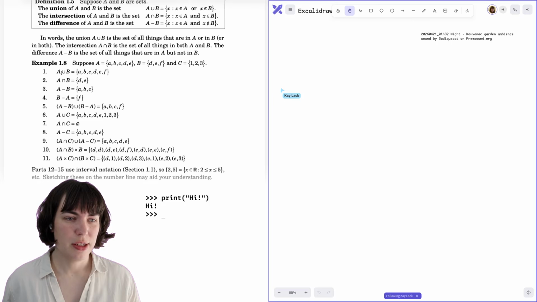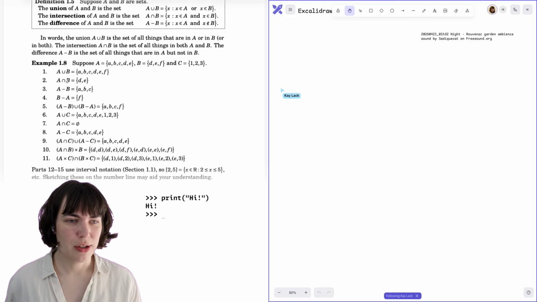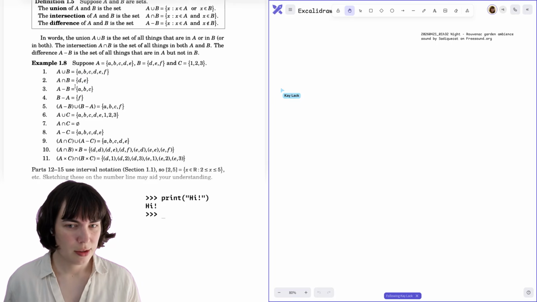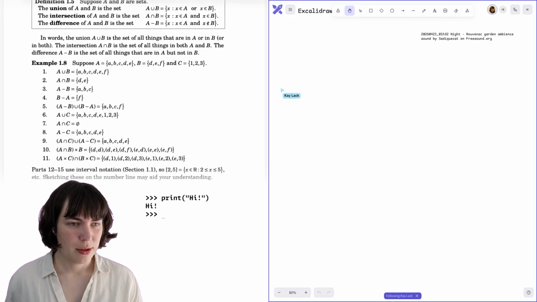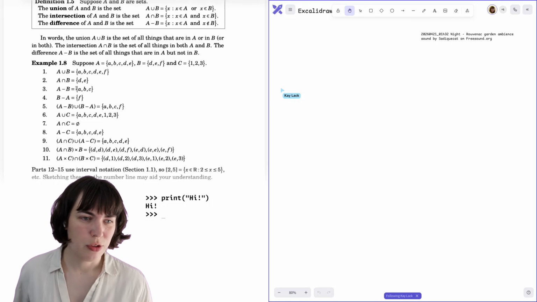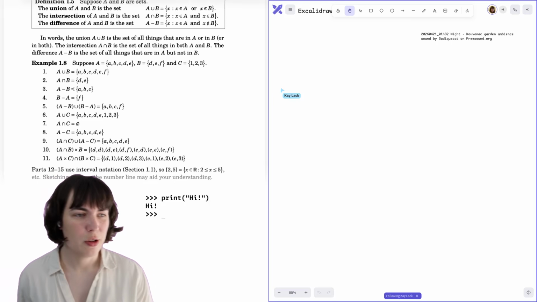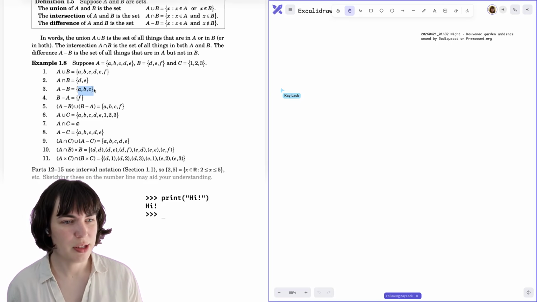So union is the U. Intersection, I guess we can remember because it's got an N in it. So A intersection B is all of the elements that are in both, which in this case is d and e. A difference B, we've got all the elements that are in A and not in B. So a, b, and c.